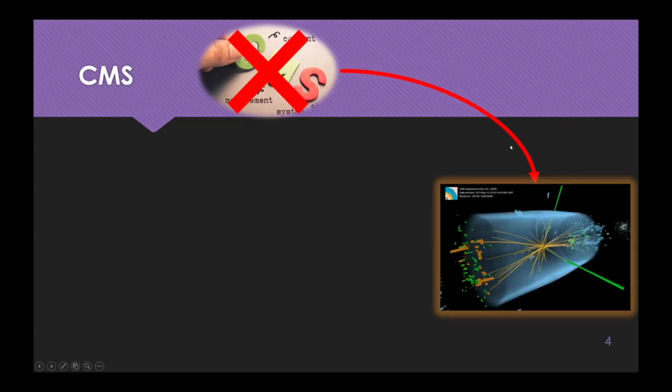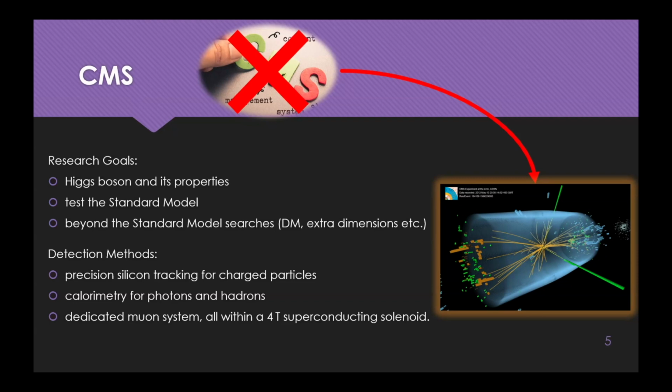I'm doing my work on CMS. It's not content management system. It's a big experiment at the LHC in Geneva. Its research goals are the Higgs boson and its properties, testing the standard model, and also studies beyond the standard model: dark matter, extra dimensions, and many others.